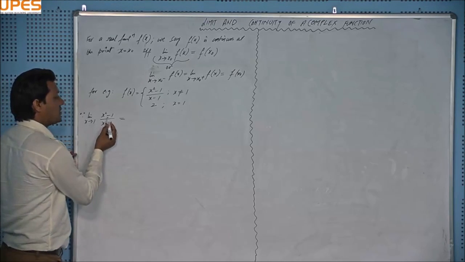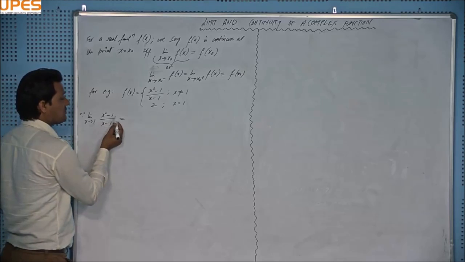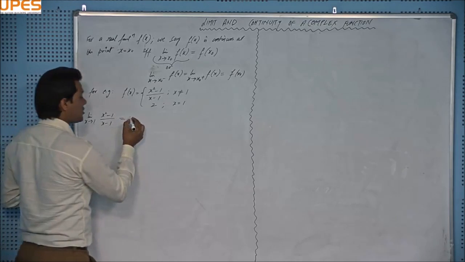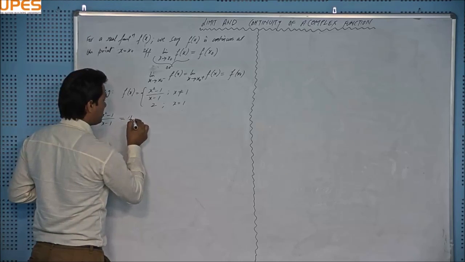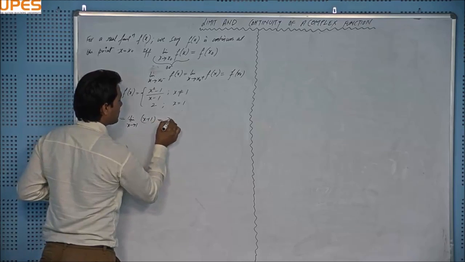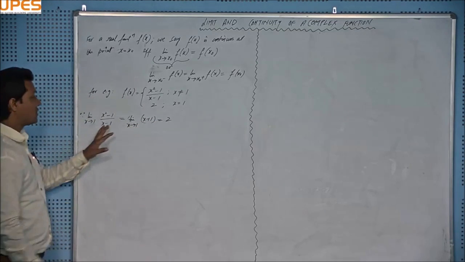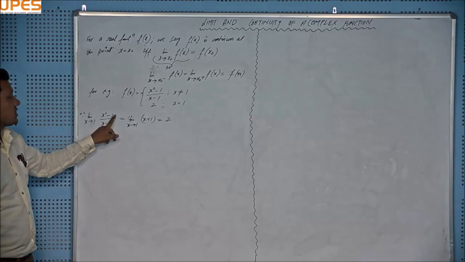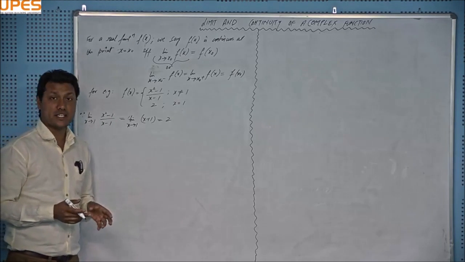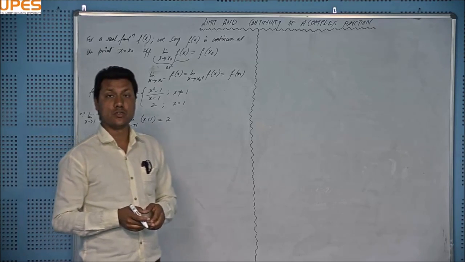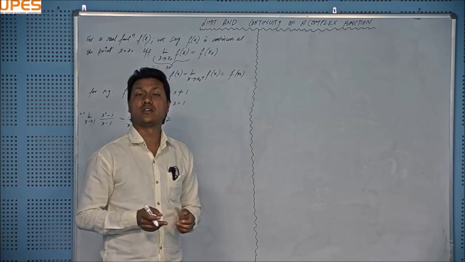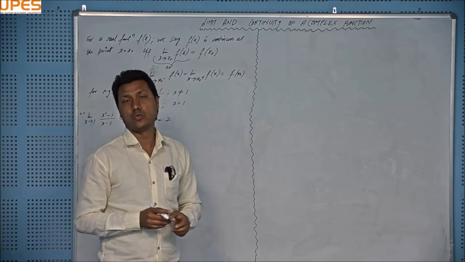You can apply the formula here directly: x minus 1 over (x minus 1) multiplied by (x plus 1), and the x minus 1 factor will be cancelled out, you will get x plus 1, right? And then substituting 1 here, you will get 2. Note this step: you have cancelled x minus 1 in the numerator and denominator, and that is due to the fact that x minus 1 is not equal to 0, which supports the fact that x is not actually equal to 1.